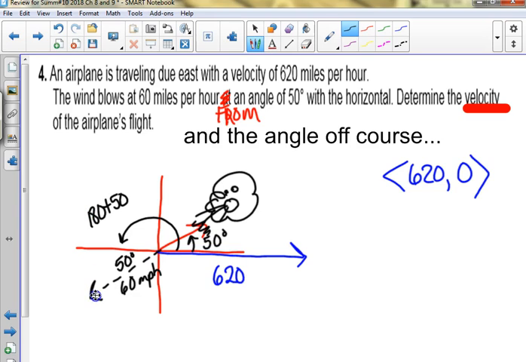Because that's the quadrant, right? You could do 50 as long as you remembered to make them both negative, because the quadrant is negative, negative. All right, I'm going to do 60 cosine of 230, 60 sine of 230.